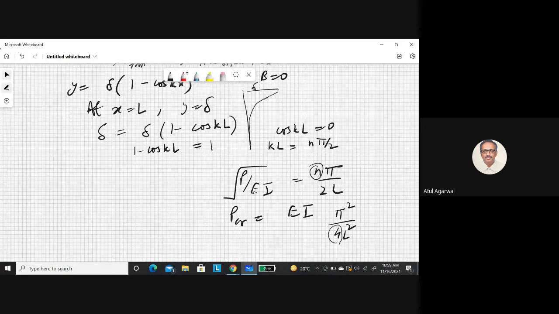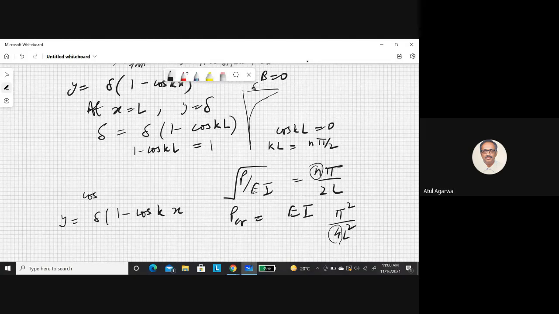So what you have to just see is what is your cos kL. You look at this curve, y is equal to delta 1 minus cos kx. Now kL is equal to n pi by 2.